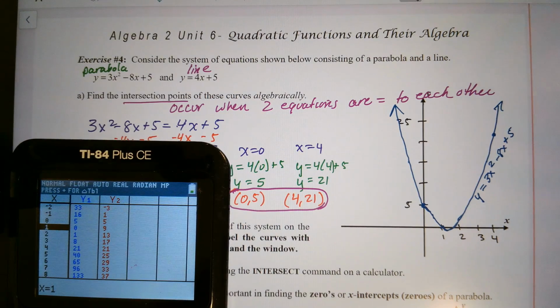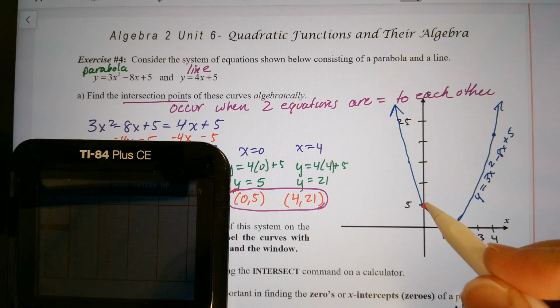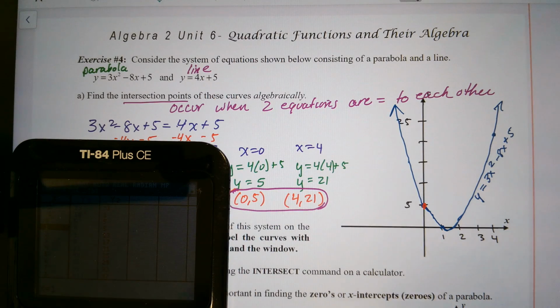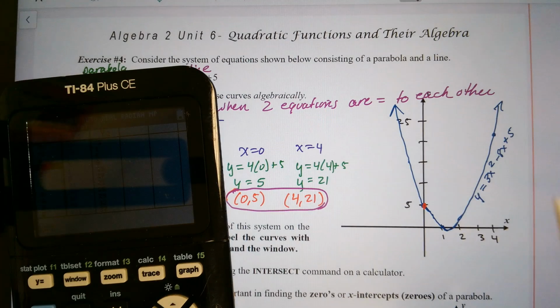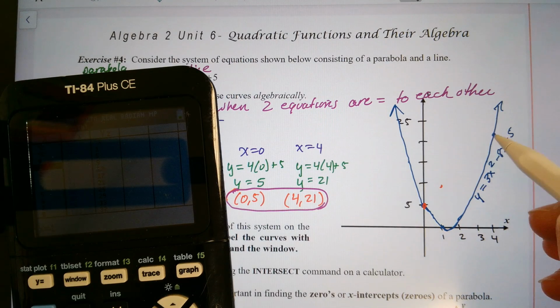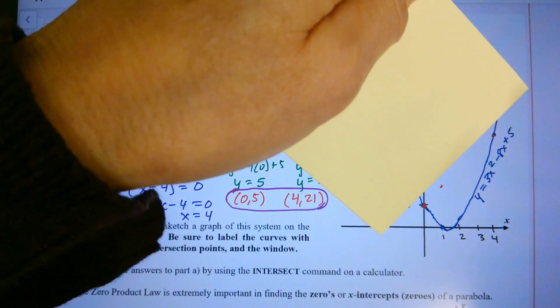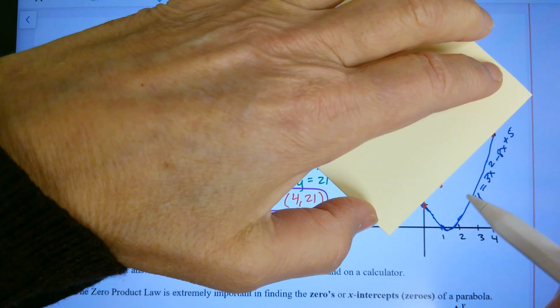And now I'll switch to red for the line. The y-intercept was 5, and the slope of 4. So if I go up 4 and over 1, that looks pretty good. And if you have a straight edge, take a straight edge. Try to line that up.